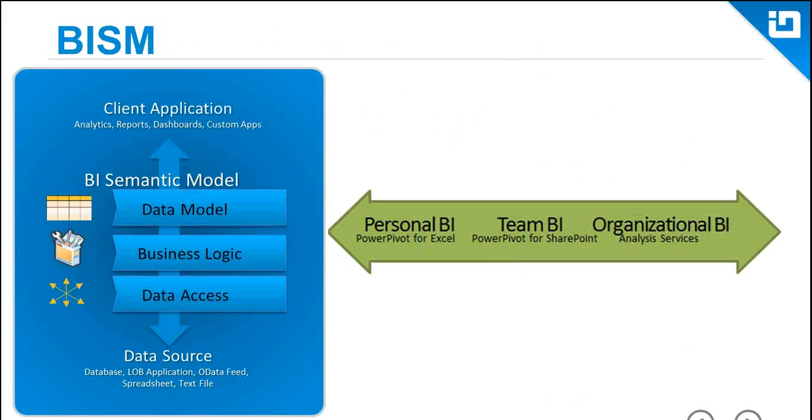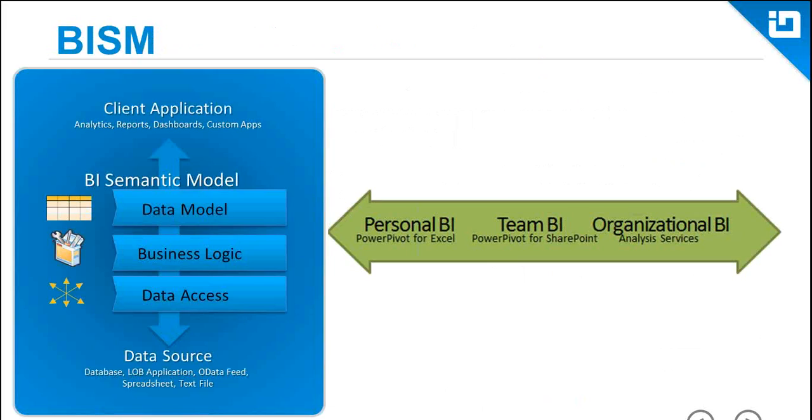So once that data model happens, then any client application can use them. A client application can be as simple as Excel, and then you can have your custom application and so many different things in the front end which can consume this information.